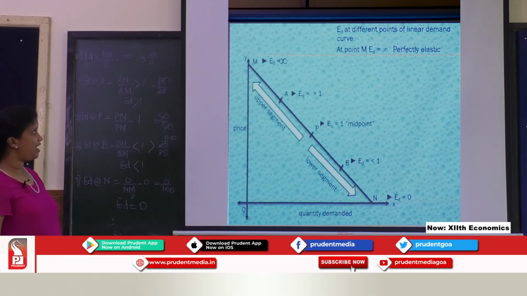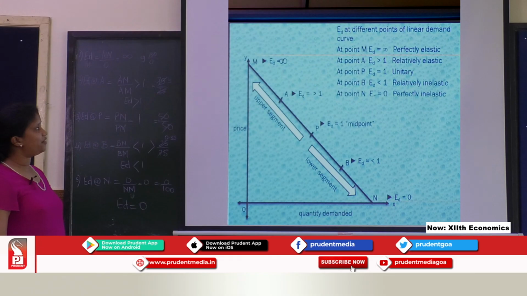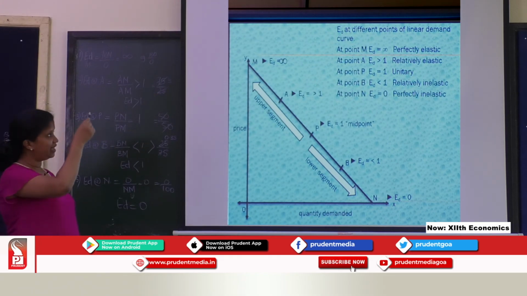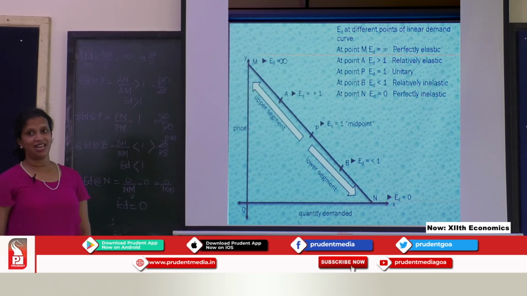At point A, ED is greater than 1. At point P, ED is equal to 1. Then at point B, ED is less than 1. And at point N, ED is equal to 0. So these are the 5 types of elasticities as shown on a straight line linear demand curve.